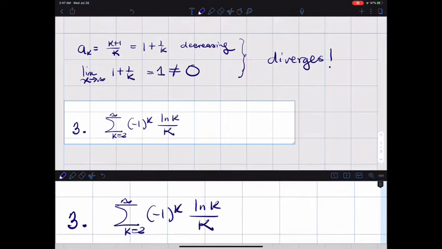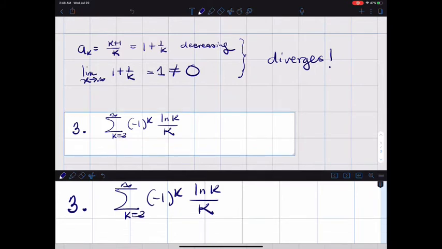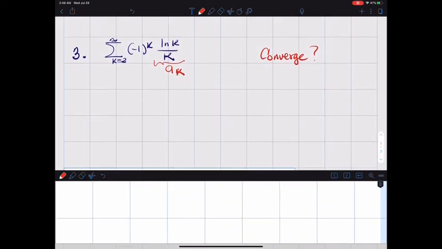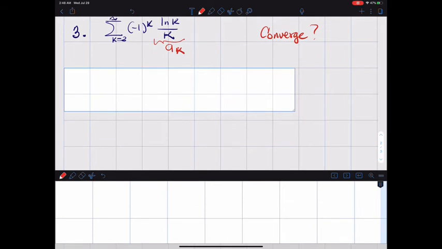You can use derivatives to show that the derivative is always negative, and then show that the limit goes to 0, and then you're good. So this is our a_k over here. My claim is that it converges. Does it converge? Use the alternating series test. I want you to try it and tell me your answer in class.